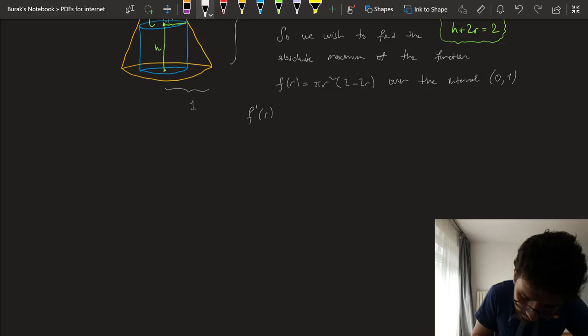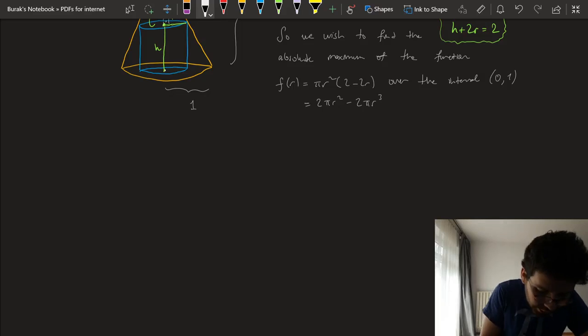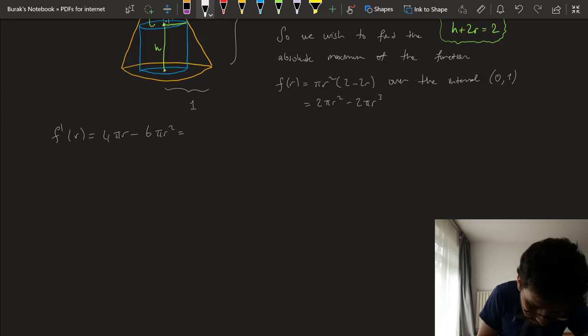Let me take the derivative of this. The function is 2 pi r squared minus 2 pi r cubed. Its derivative is 4 pi r minus 6 pi r squared, which is pi r times (4 minus 6r).